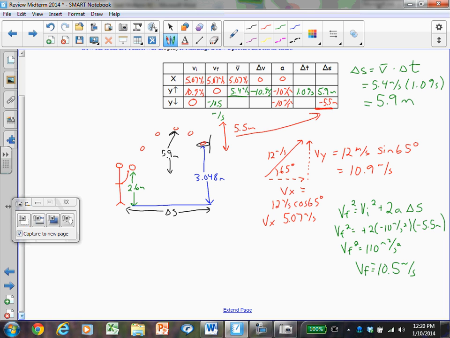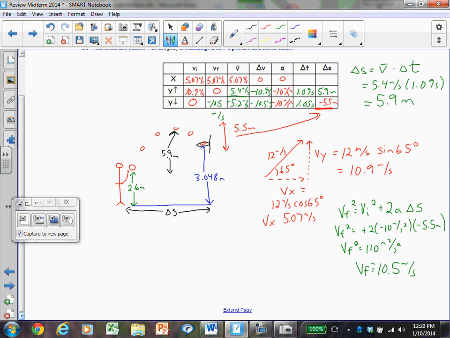So V bar would be that divided by 2, or 5.2. Minus 5.2, that's minus 10.5. That divided by that is 1.05 seconds. So the ball was going up 1.09 seconds and then falling down 1.05 seconds.